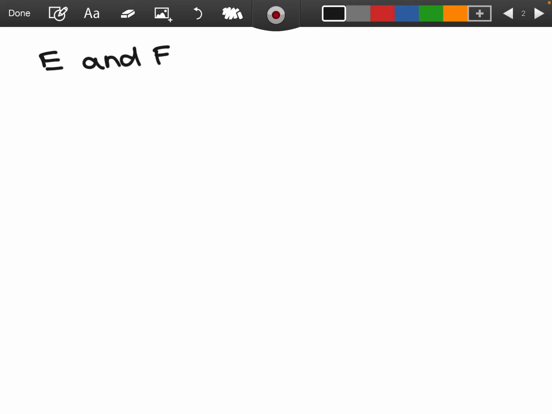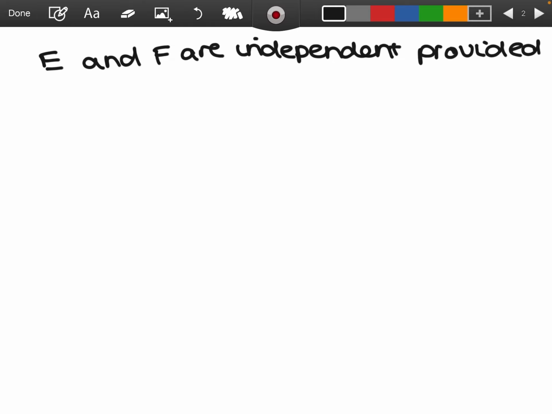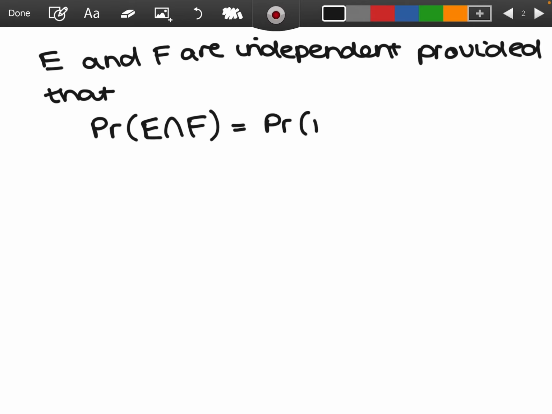What does this mean mathematically? Well, it means that E and F are independent provided that the probability of the intersection of E and F occurring is equal to the probability of E multiplied by the probability of F happening.